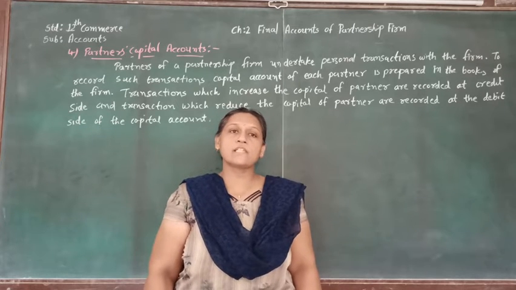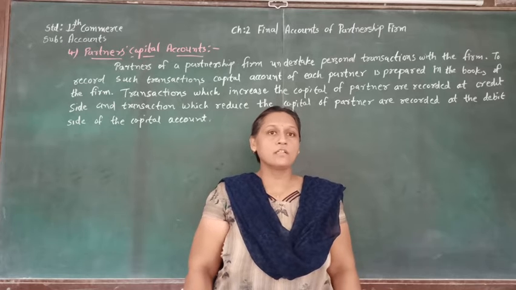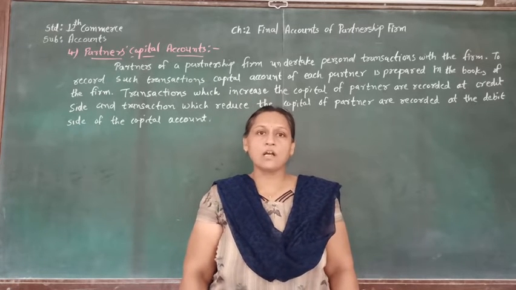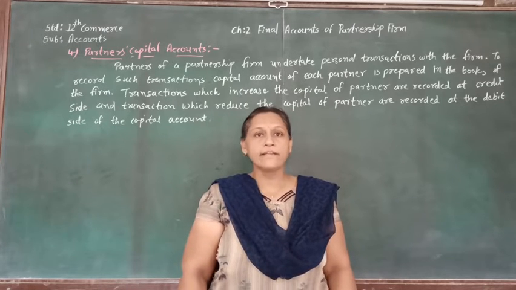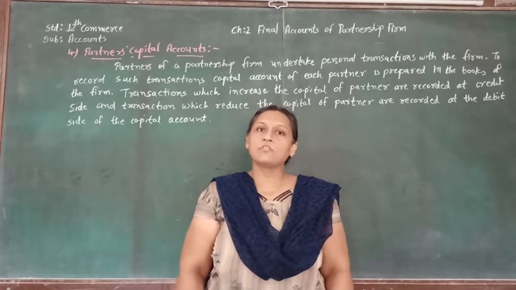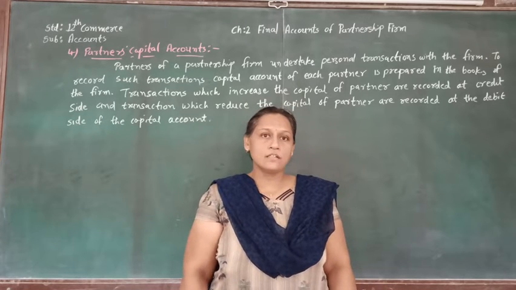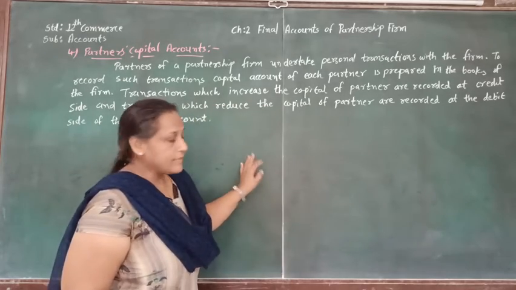So here, as we discussed before, there are two accounting methods, so we have to prepare two types of capital account. In a fluctuating capital account, all the transactions related to partner and firm will be recorded in the same account, that is partners capital account. So all the transactions that the firm is making with the partner will be recorded there.